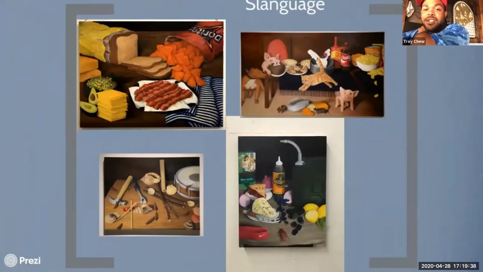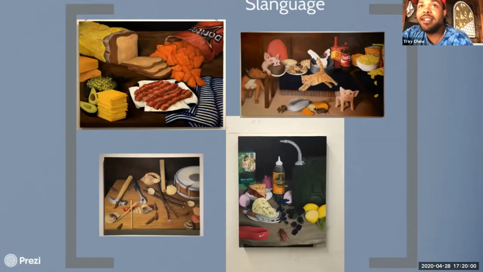And this is the second series that I developed while in CCA. I was thinking again about hip hop and language, and this idea that the figurative language used in hip hop has a literal representation.